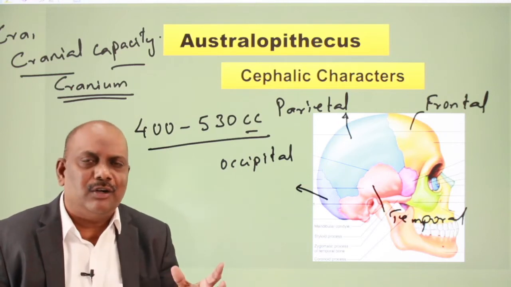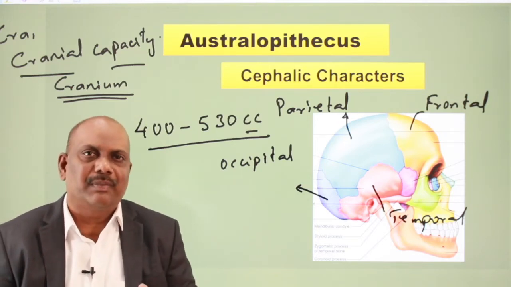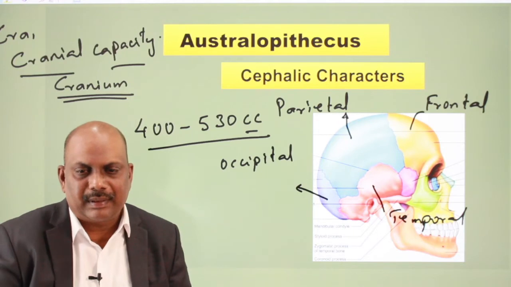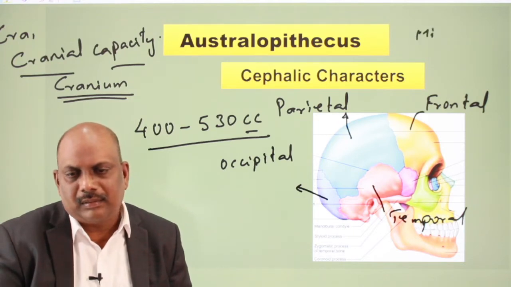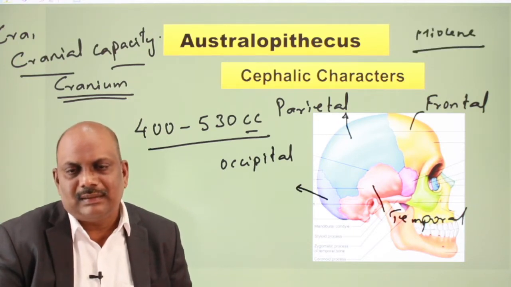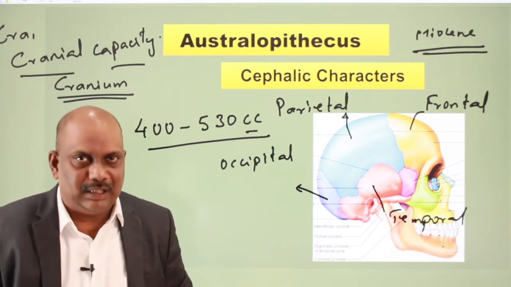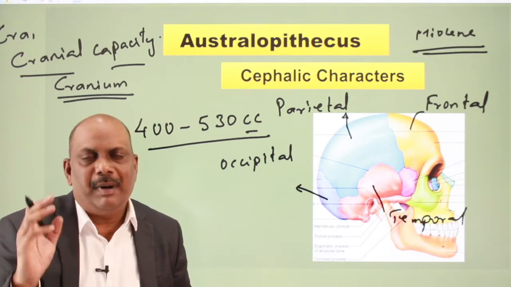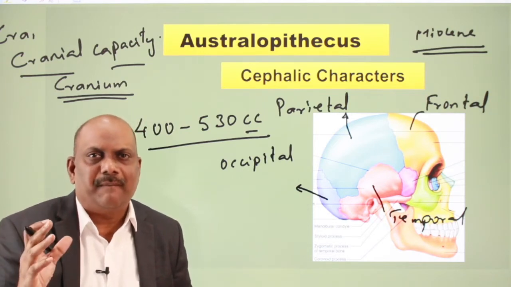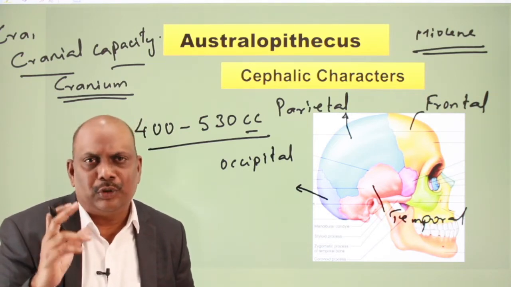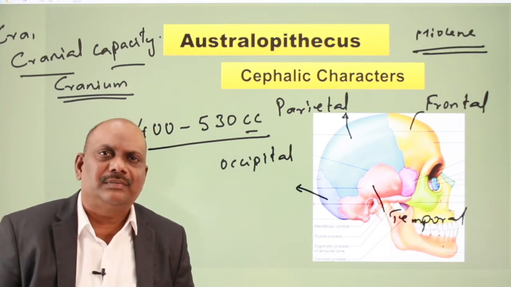But when compared to the other Miocene apes, Miocene being the geological period in which the Australopithecus lived, or when compared to the contemporary apes, this brain size shows a greater development.